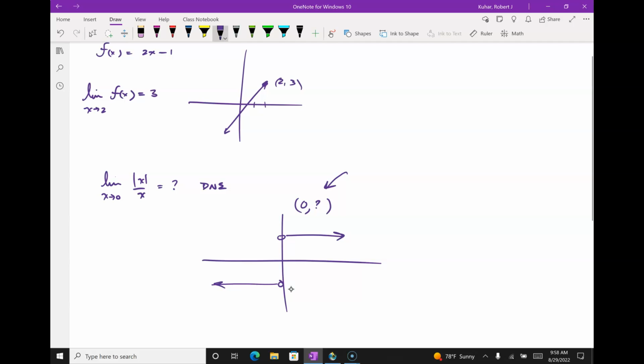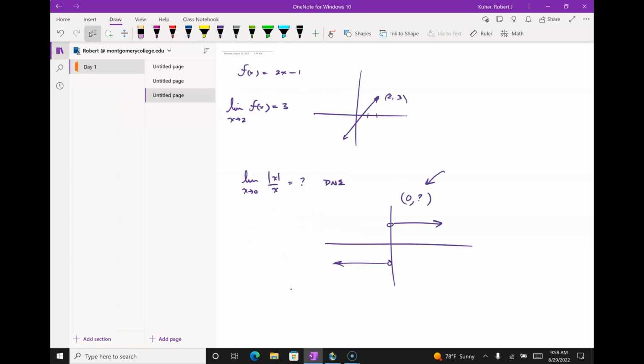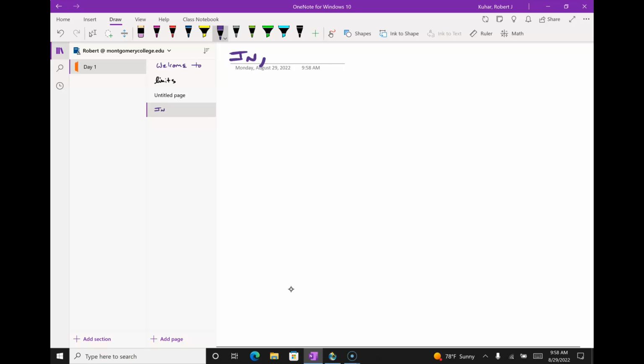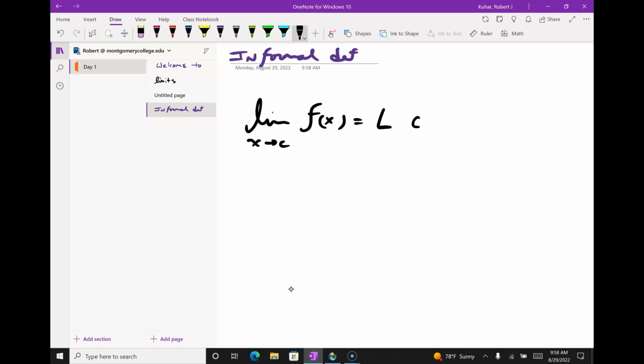But when I'm going halfway to the wall, do I care about actually getting to the wall? Or can I tell that I can get to the wall? You know what I'm saying? I'm trying to make a prediction. So this is my informal definition. The limit as x goes to c of f of x equals L, which is a real number, a real height, right?